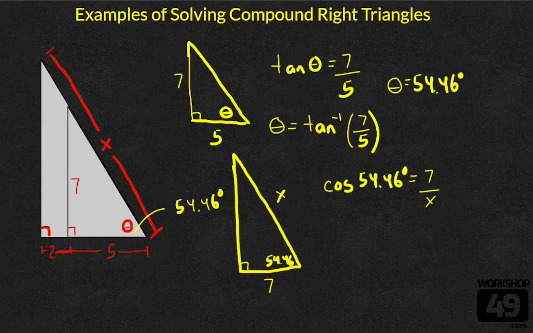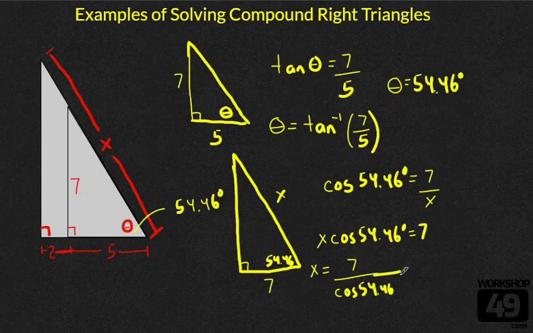In order to get rid of this x on the bottom, we bring it up to the other side. And we have x cos 54.46 degrees equals 7. We finish this off by saying x equals 7 over cos of 54.46. That's just us dividing both sides by cos of 54.46.